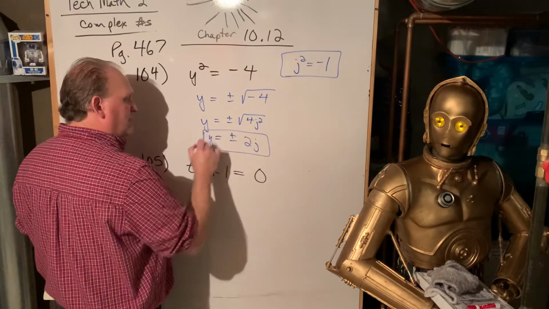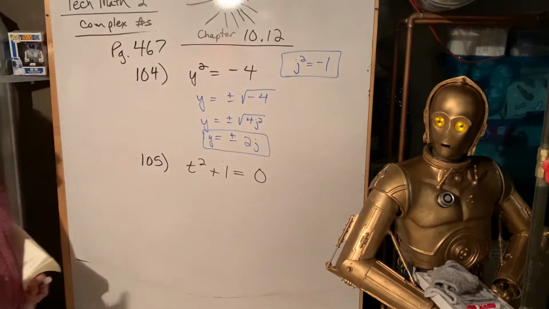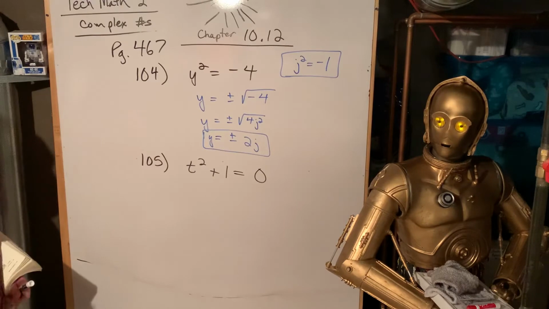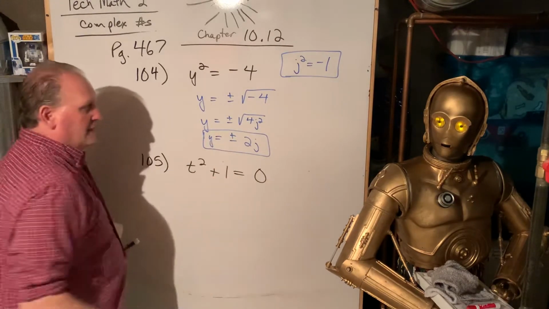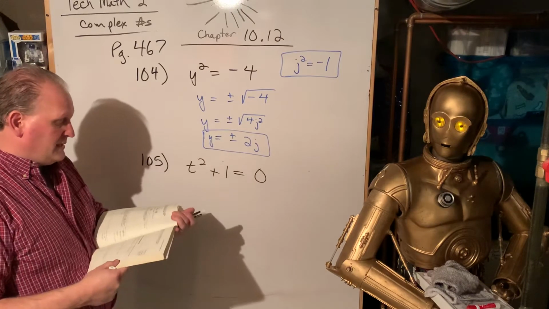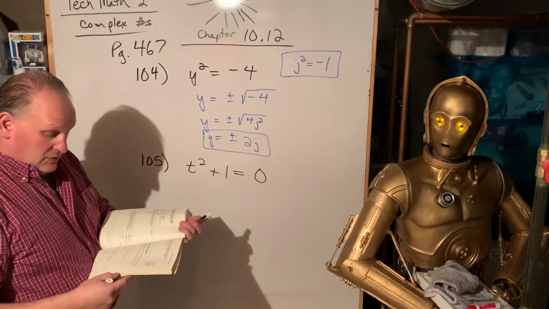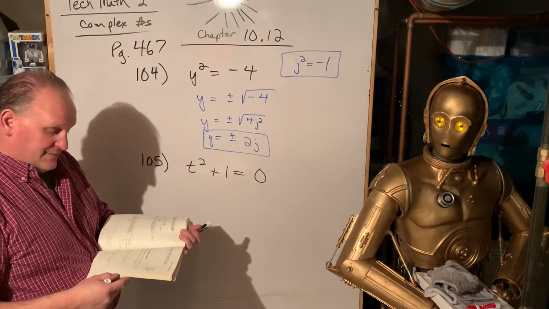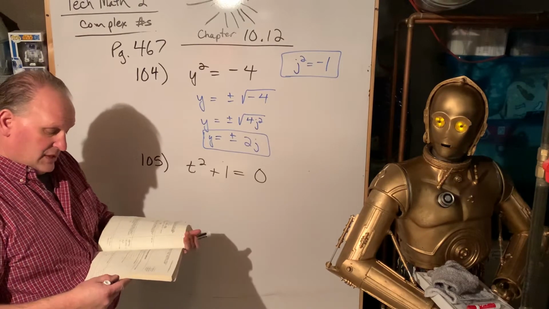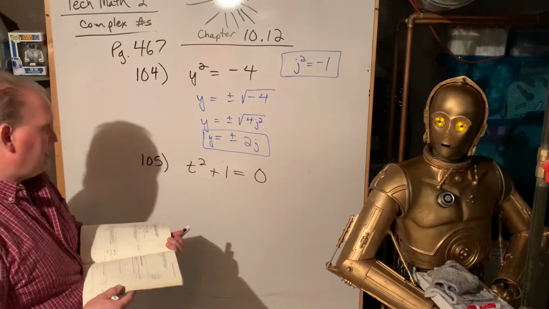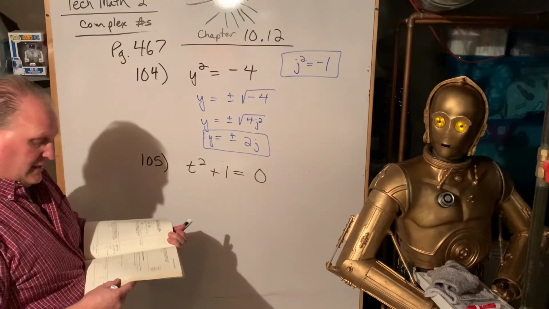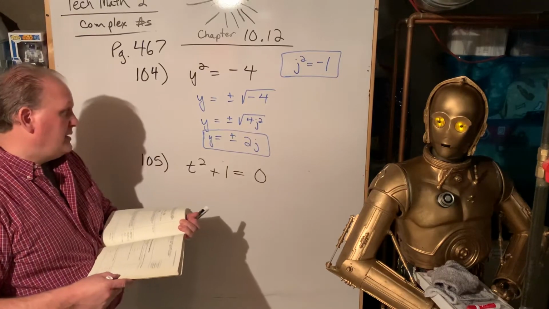And so complex answers always come in pairs. There's always going to be two. If there's one complex answer, there's two. It's always two. So plus or minus 2j is the answer.